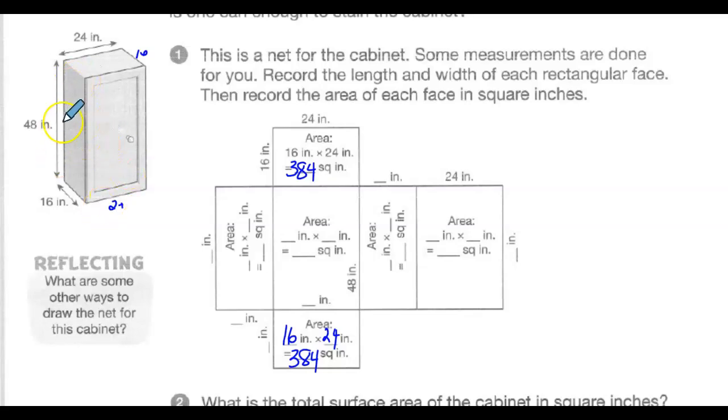Then 48 times 24, that's like the door and the back. That's the biggest rectangle. So that here would be 48 times 24, and this would be 48 times 24. Looks very similar to our Kleenex box, it's just shown on its side.